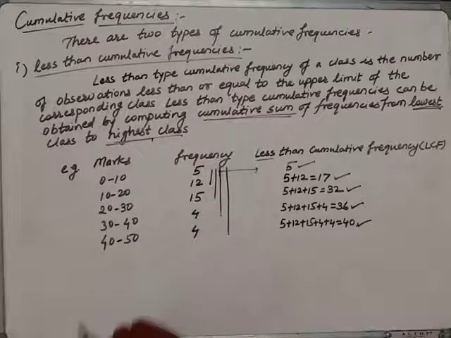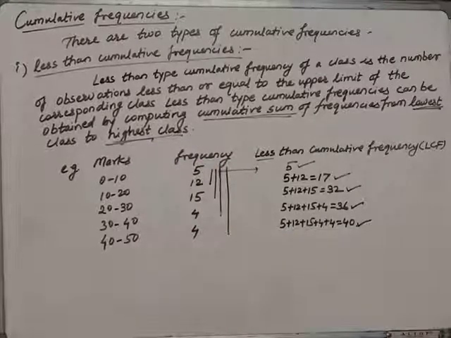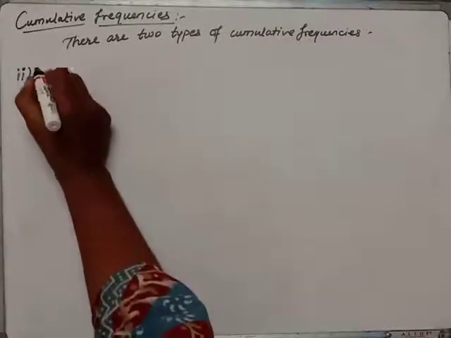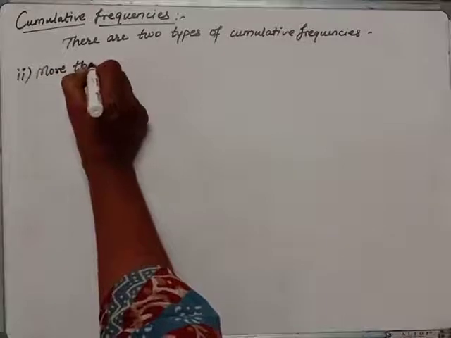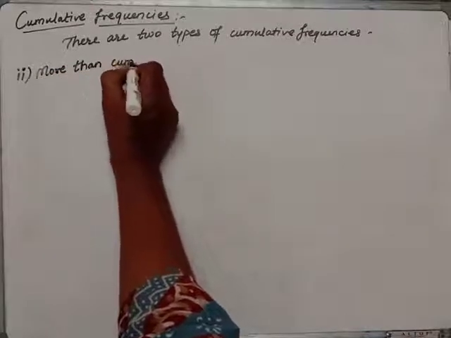These are from lowest to highest class we are adding. Okay. Now the second type, more than cumulative frequencies.